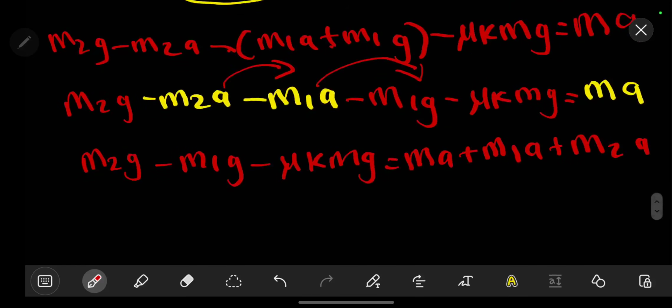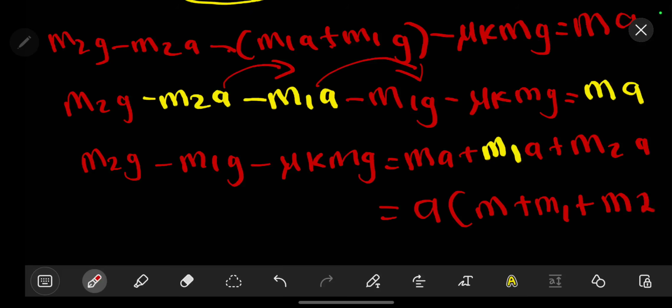So the common term here is a. If we factorize a, we are going to remain with this m plus our m1, and the other remaining is our m2, like that. Then this side, if we want, we can just factorize the g to make it easy, but it will always come out even if you don't.